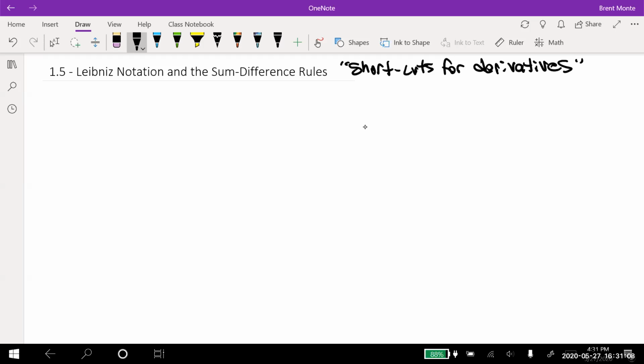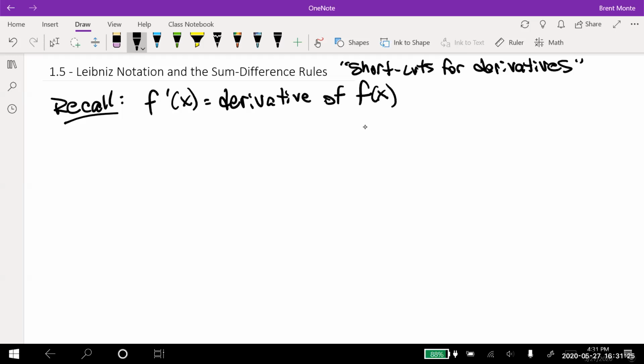So we saw, just a quick recall, when we had f prime of x, we called that the derivative. This is the derivative of the function f of x. Now, where that comes from, historically there are two different people who independently discovered calculus at around the same time.